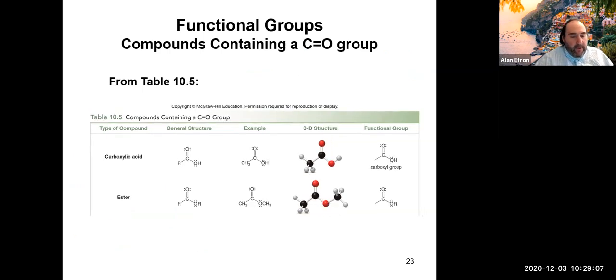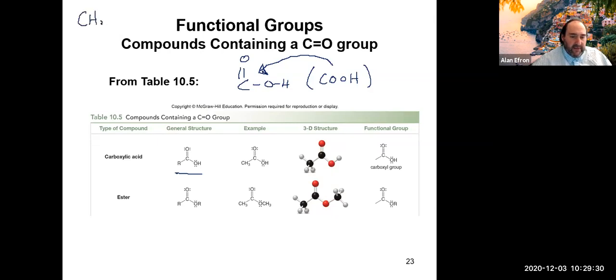Here's a couple more carbonyl containing guys. We have our carboxylic acid here, and our carboxylic acid has that carbon oxygen double bond with the OH group here. This very often in formulas is written COOH. So if you see something written COOH, it's basically referring to this.